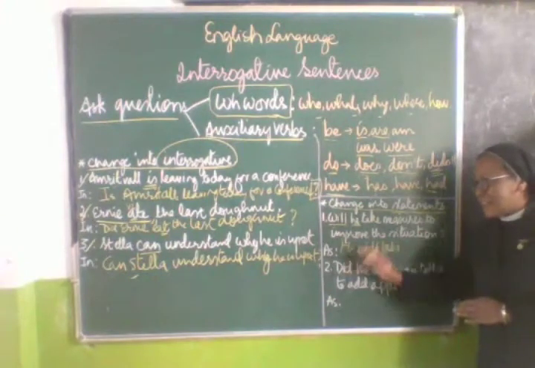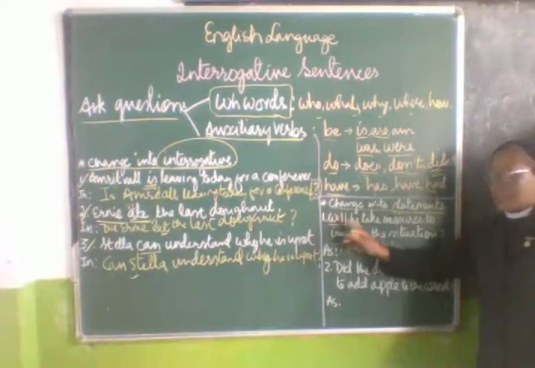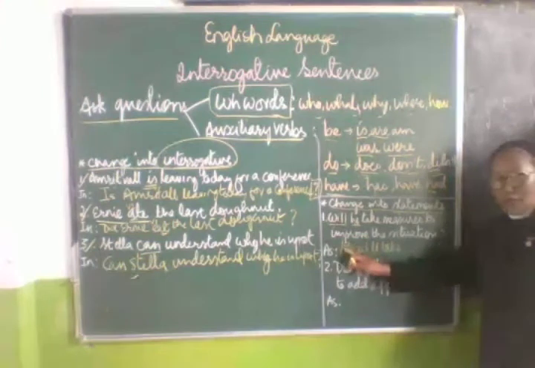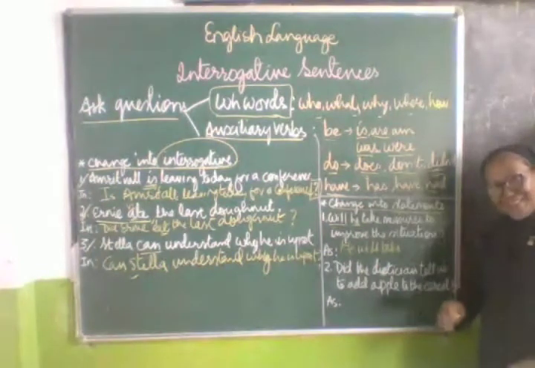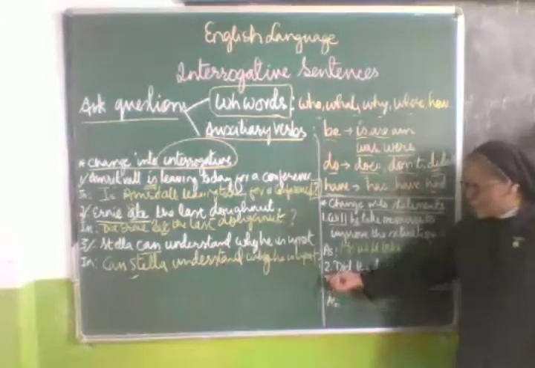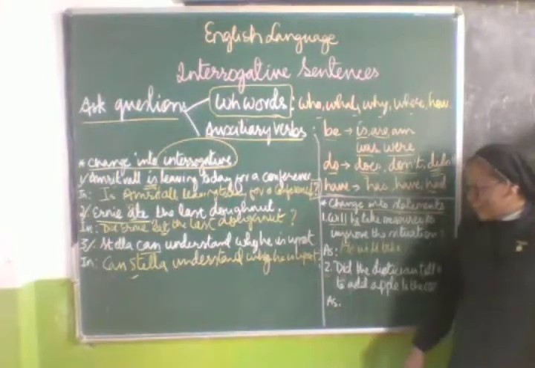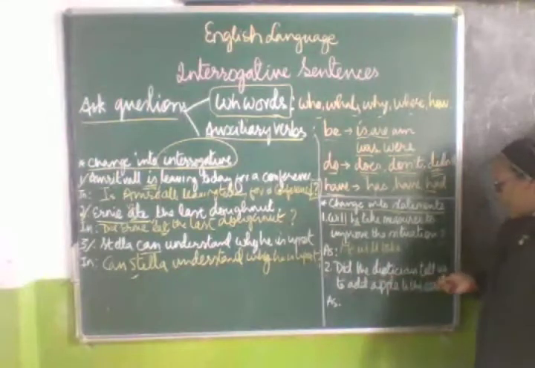Okay, here when we change the subject, the auxiliary verb is followed by the subject. See, he will take measures to improve the situation. Is enough. So now sentence 2. Did the dietitian tell us to add apple to the cereals?